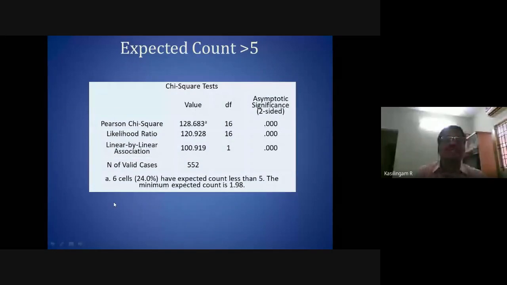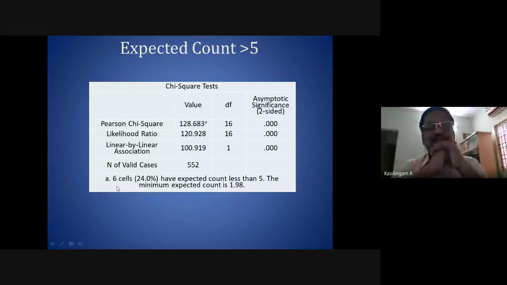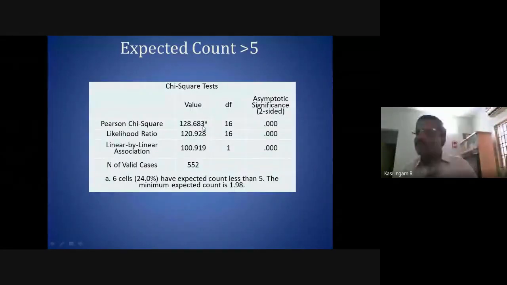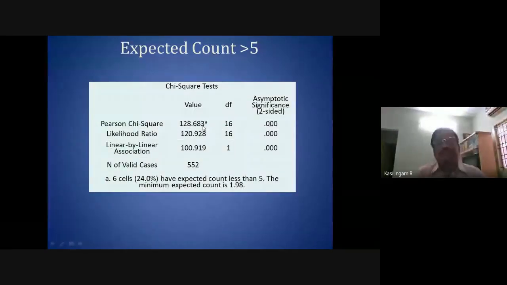That is what it is telling. There is a warning. It is not an error, it is a warning. Be careful in interpreting this chi-square value. We are getting a chi-square value, but it should be carefully treated, because there is a warning.